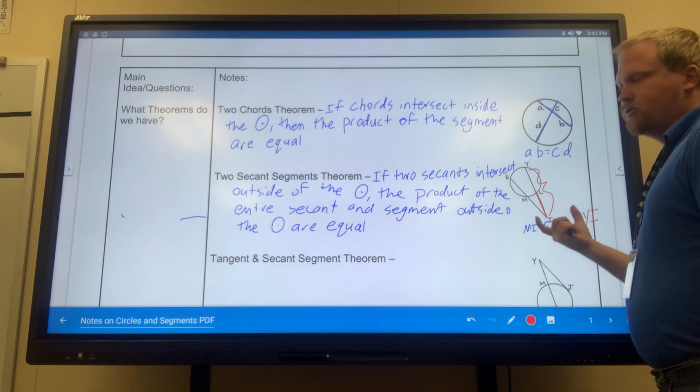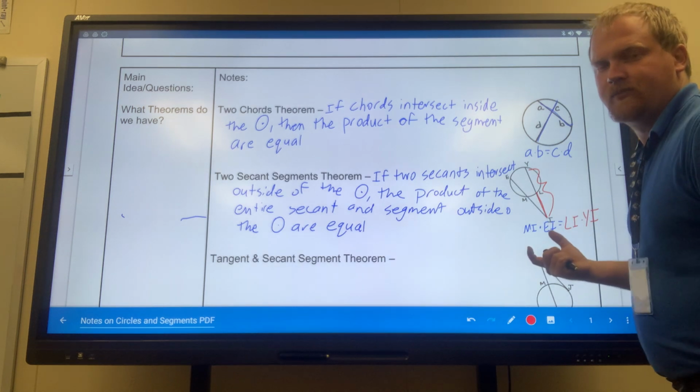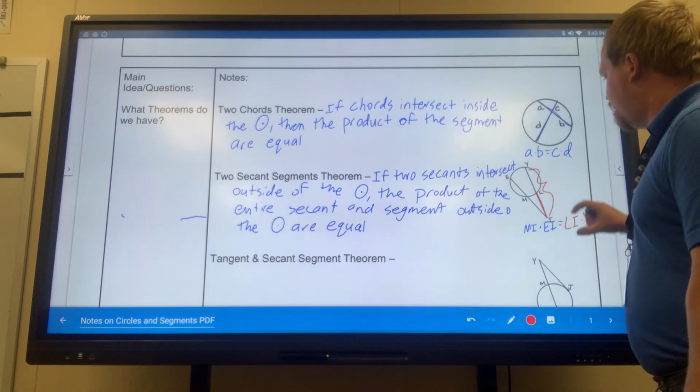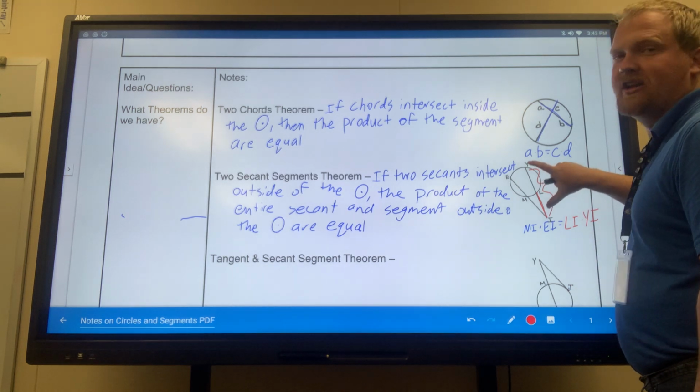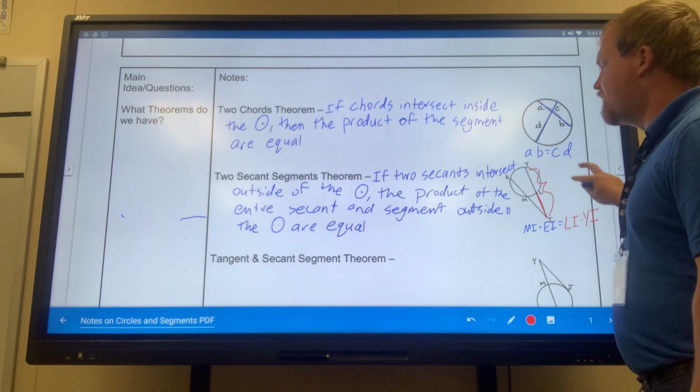So the product of those two are going to be equal to each other as well. But remember, it's the part outside of the circle times the whole secant itself. That's what we've got to remember.